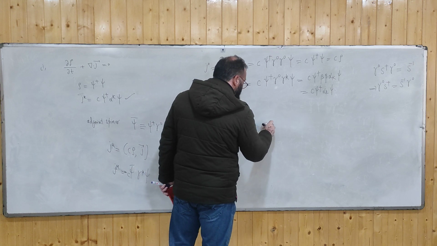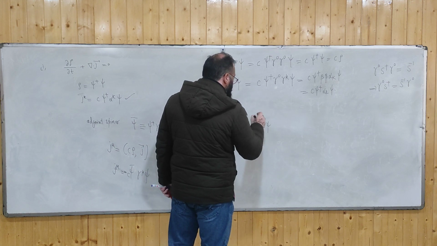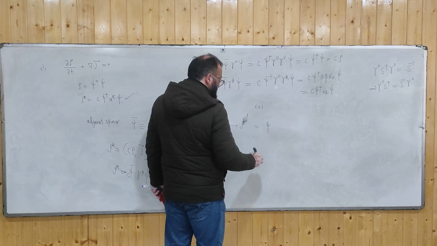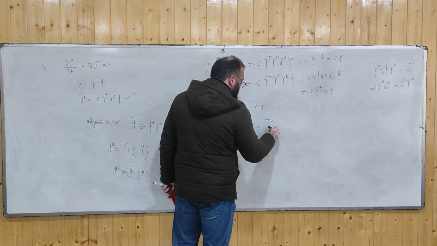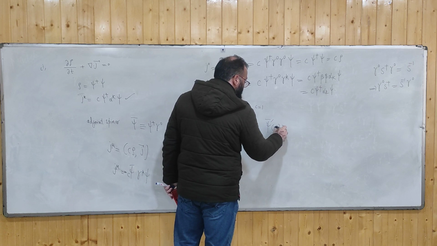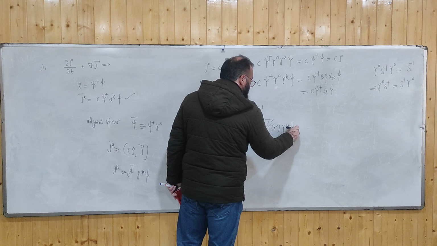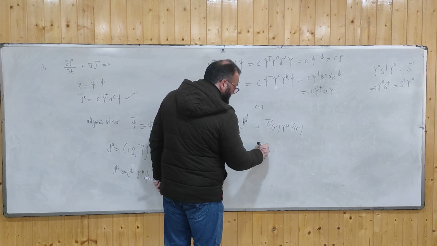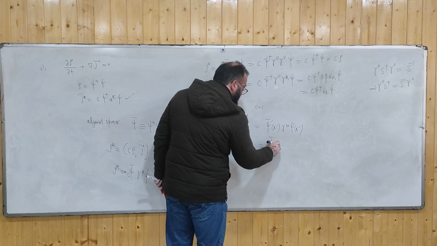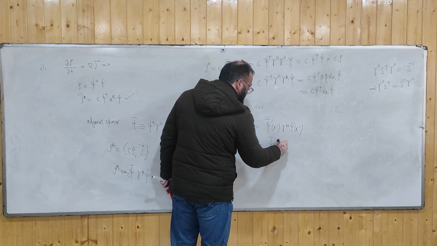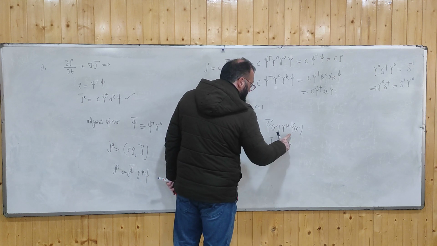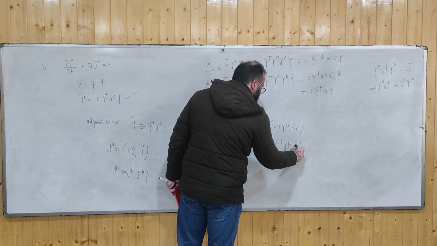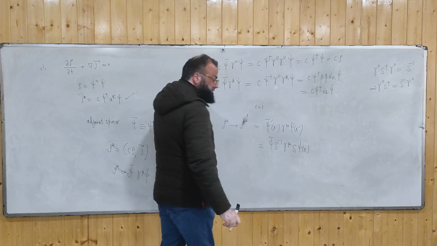Since we are using C equal to 1, it is psi bar prime x prime gamma mu psi prime x prime. Psi bar goes as psi bar S inverse, then gamma mu, and psi goes as S psi x.